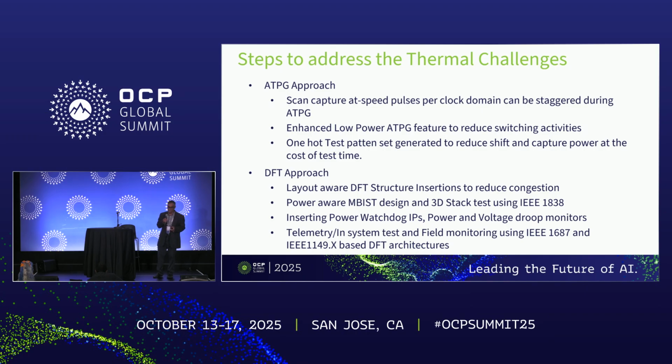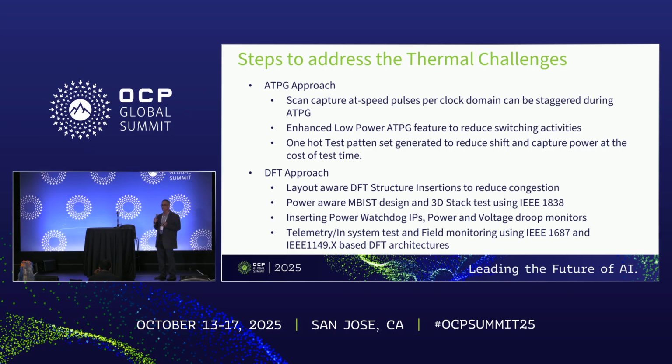So I'm going to focus on two approaches, which are structural test using scan. Either you can do staggered at-speed, because at-speed test is a must these days as clock frequencies go up. So either do staggered clocking, and low power ATPG, which every major DFT tool CAD vendor is supporting.